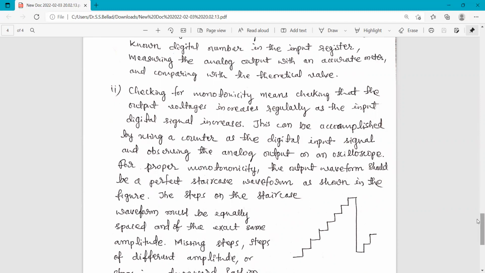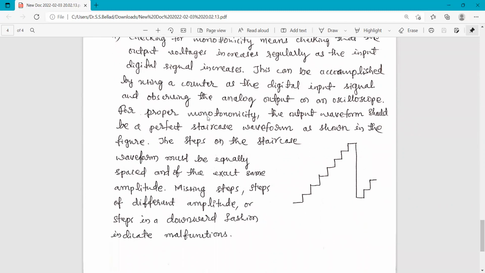So for proper monotonicity, the output waveform should be a perfect staircase waveform as shown in this figure. This is the output of the digital to analog converter. It should be a perfect staircase like this.